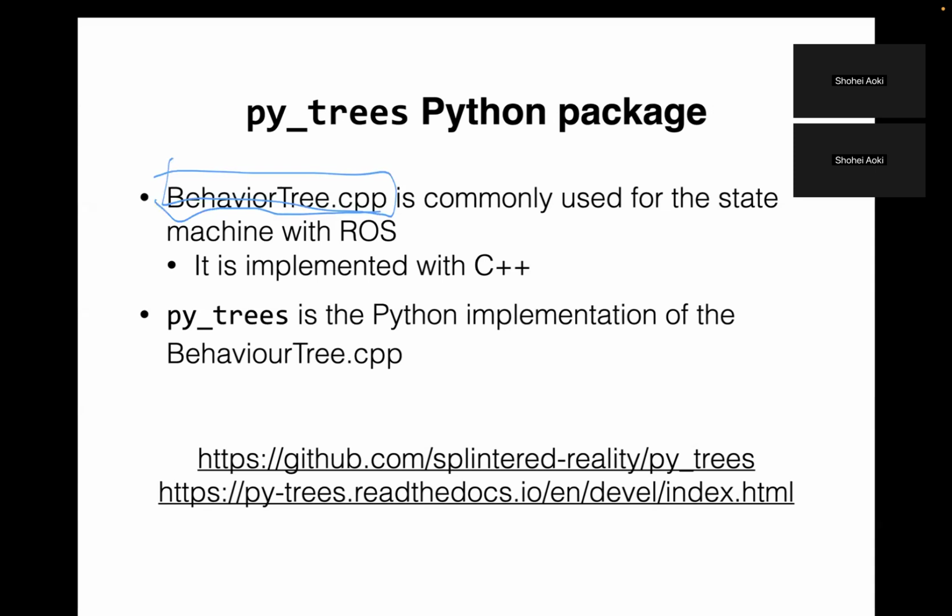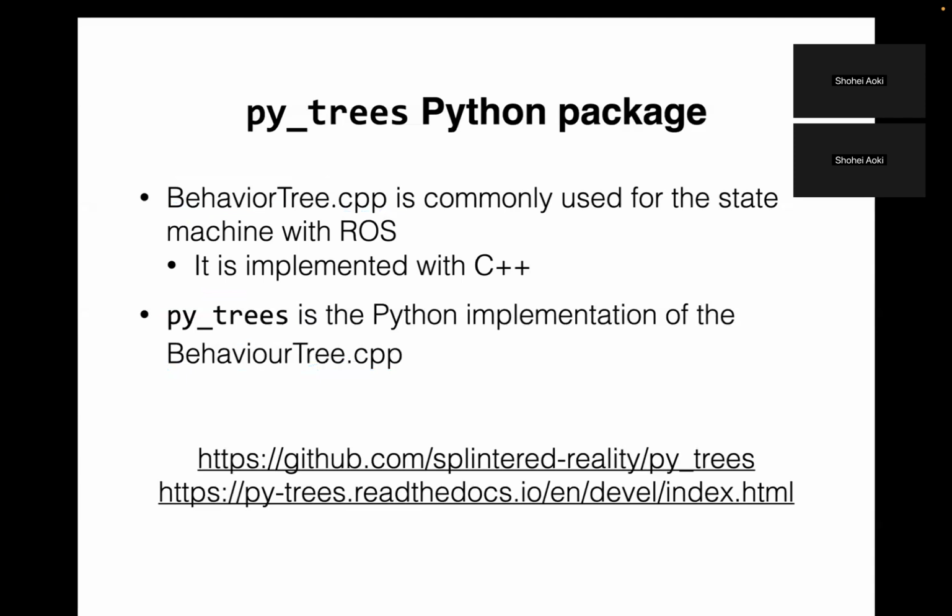So I was searching for a better or easier way to implement the state machine with Python. And I found that PyTrees is a good framework, a Python package, which can work with the same function as BehaviorTree.CPP. So today I'm going to explain the use of PyTrees and its principle so that you can customize it for your code, right?